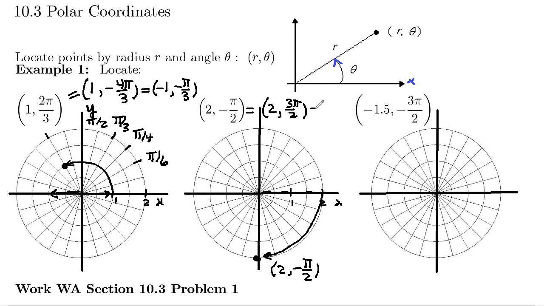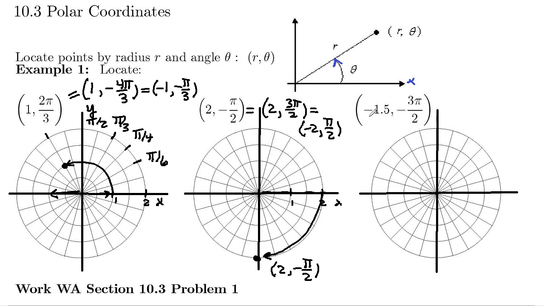So this would actually be the same as negative 2, and then counterclockwise is a positive angle, pi over 2. So negative angle, negative radius, and then both positive.